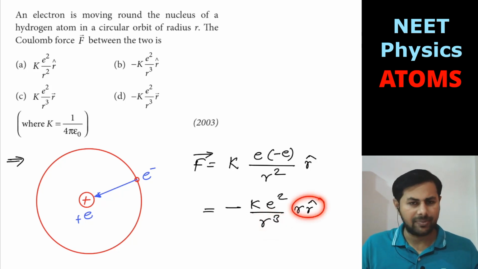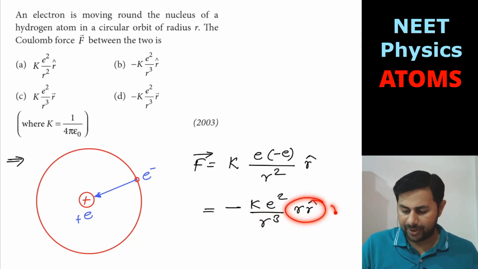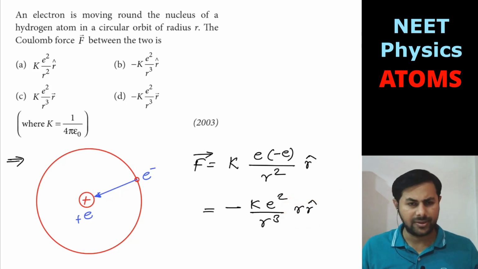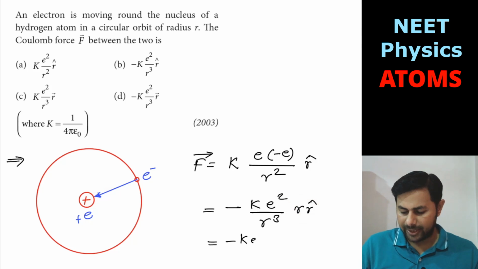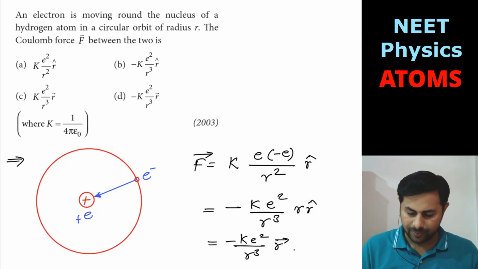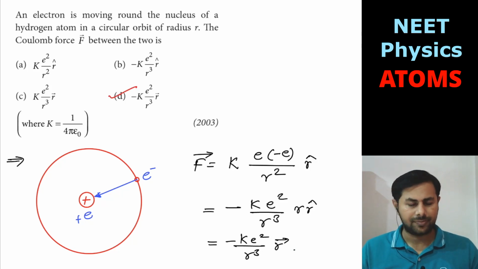So r times r cap is r bar. R is the magnitude and r cap is the unit vector showing the direction. So we know that it's very simple. Therefore the answer is minus k e square by r cube multiplied by r bar. It's option D. Okay, this is clear.